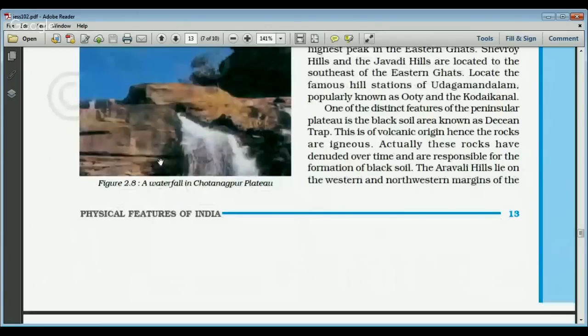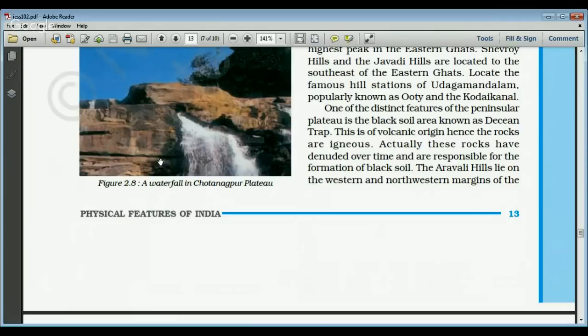And one of the distinct features of this peninsular plateau is the black soil region, known as the Deccan Trap, and it is very useful for cotton cultivation. The Deccan Trap is a volcanic region, and here the rocks are igneous.